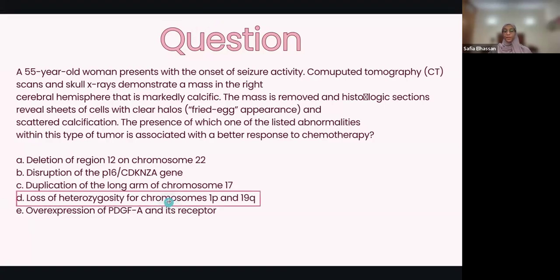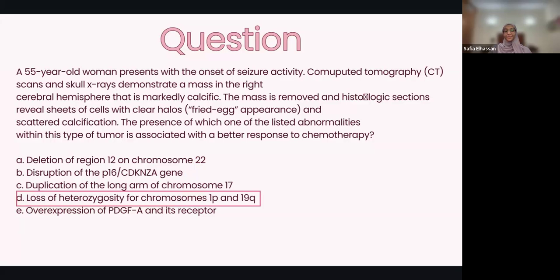Do you guys remember what these other mutations are for? Okay, someone's saying A, 22, meningioma. Yes, correct. What about B? CDKN2A?